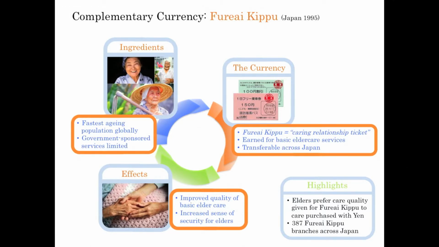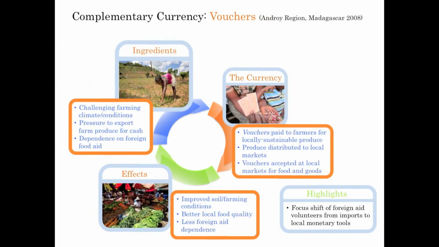In other words, these currencies are not forced on a community, but rather the needs they meet and the positive effects they create draw them into circulation. In contrast with conventional top-down solutions to fiscal crises, these solutions increase local economic liquidity without raising taxes or incurring new debt.